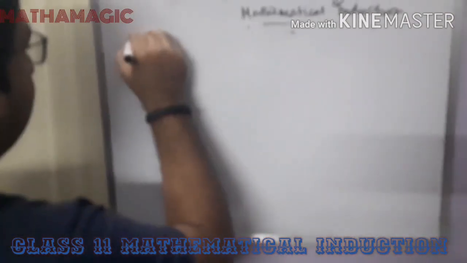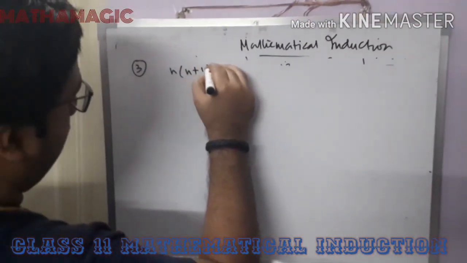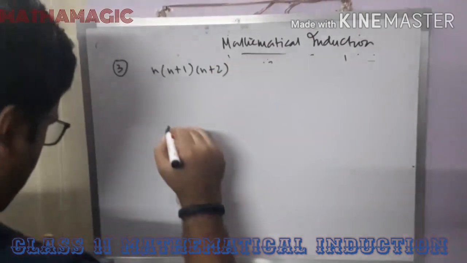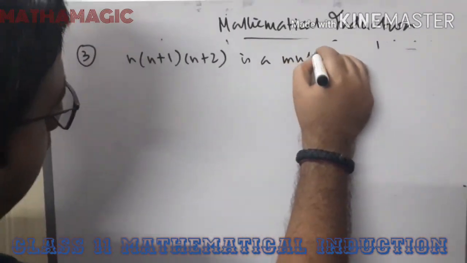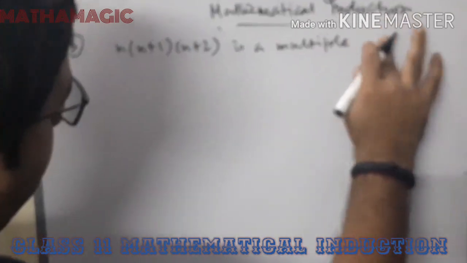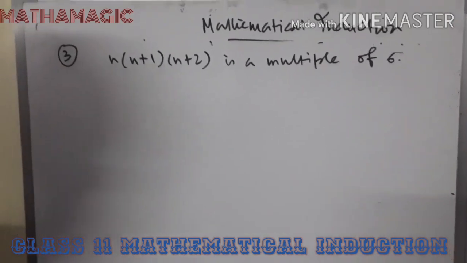Now in the next problem, it is stated that n into (n plus 1) into (n plus 2) is a multiple of 6. We have to prove this one.